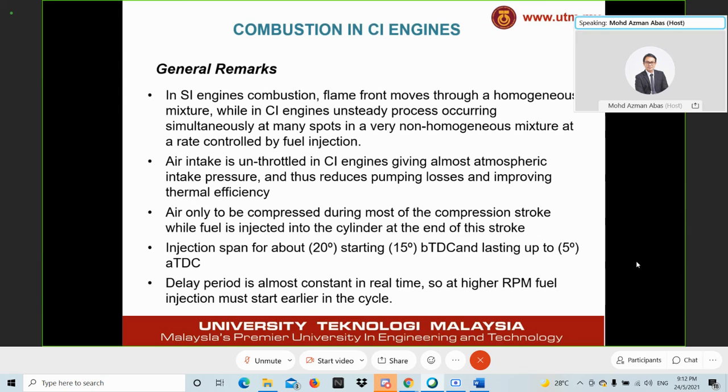So at higher RPM, fuel injection must start earlier in the cycle, because whatever the condition the engine operates in, the delay period is always the same.